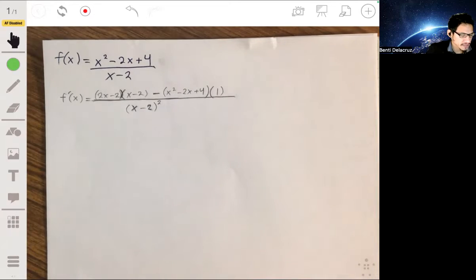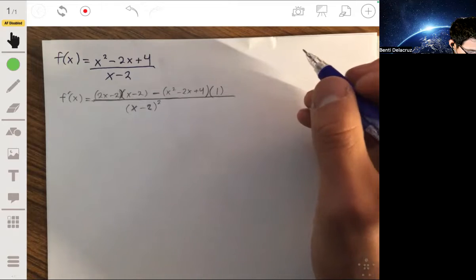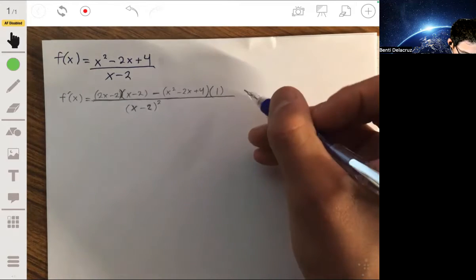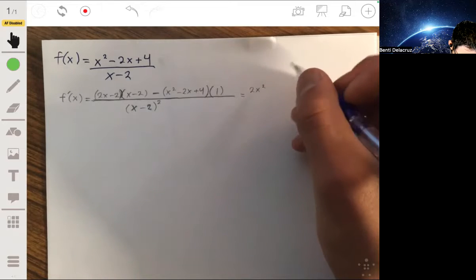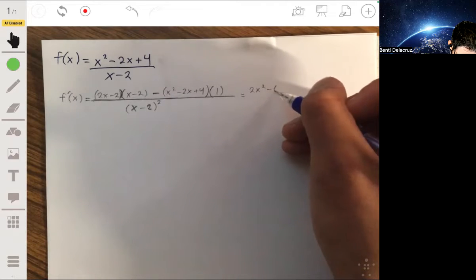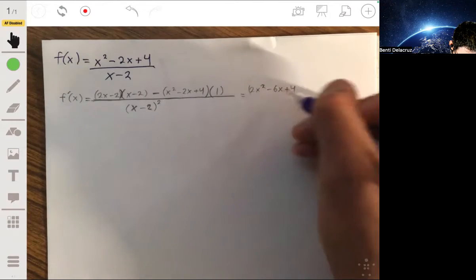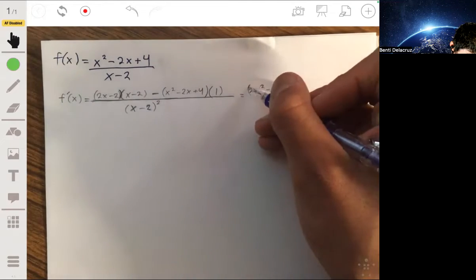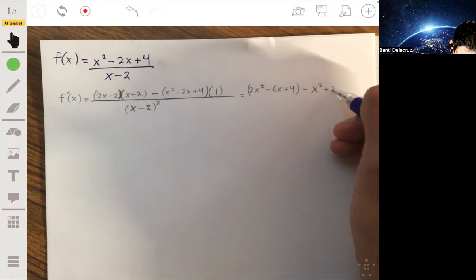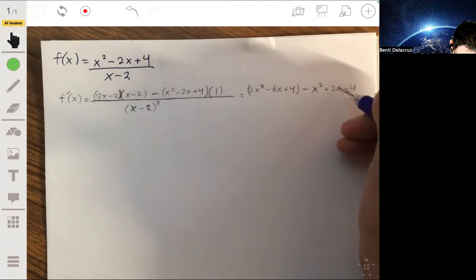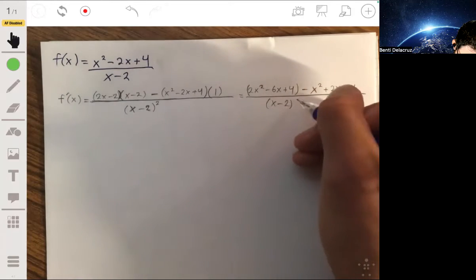So we can simplify this. We should get 2x squared minus 4x minus 2x, so minus 6x, plus 4, minus x squared plus 2x minus 4, all over x minus 2 squared.